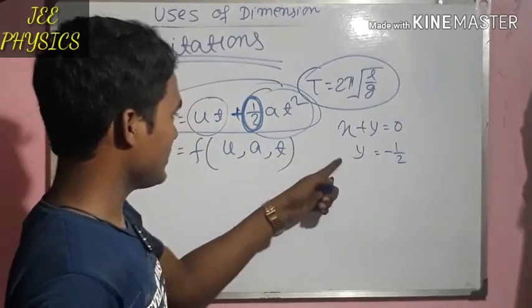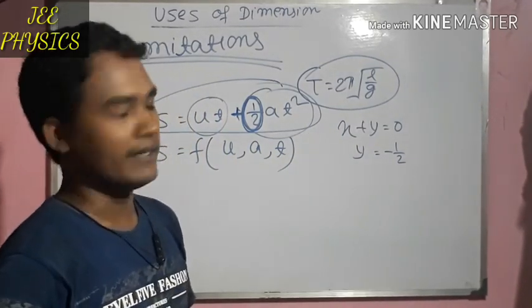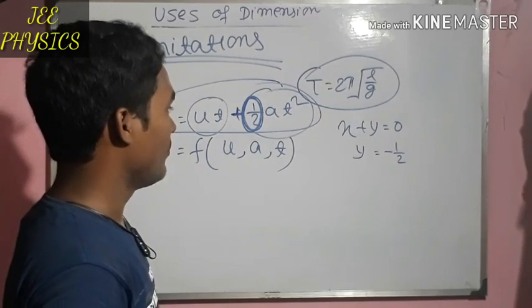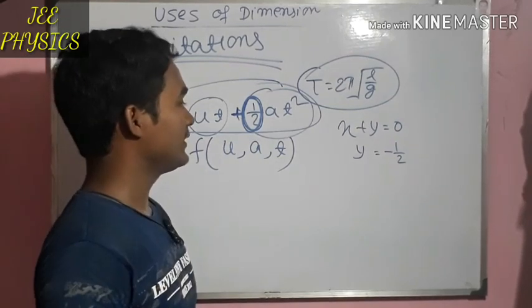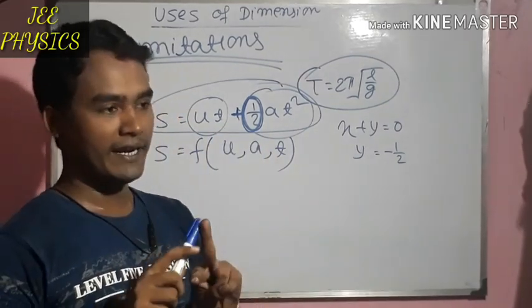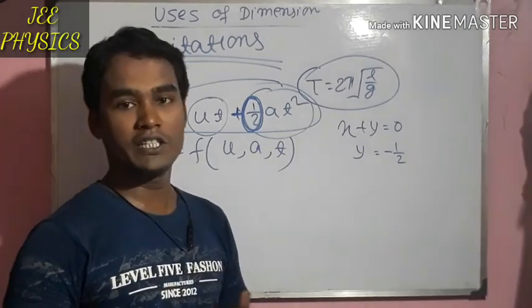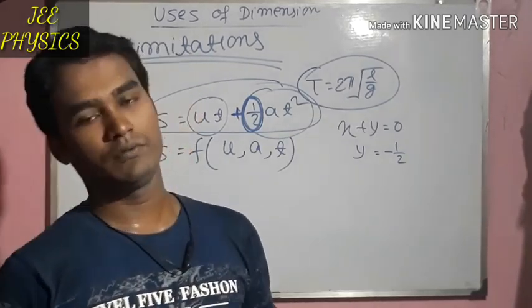These are two equations and two unknowns that we can find by the dimensional method. But in mechanics we have three dimensions, M, L and T. So we can get at most three simultaneous equations to solve.